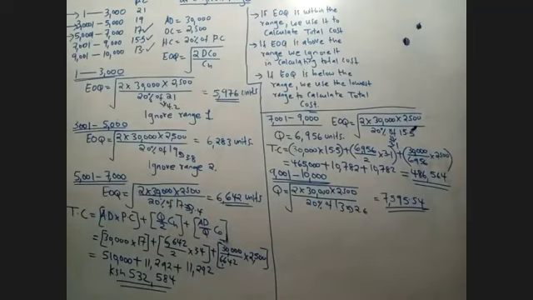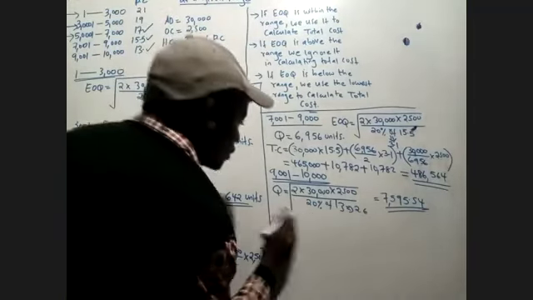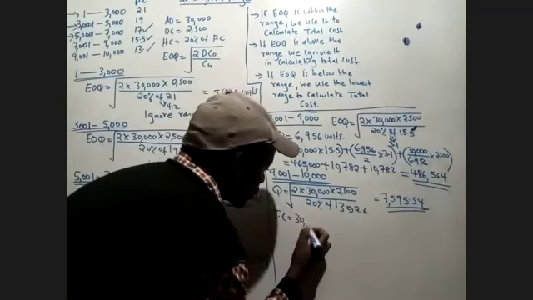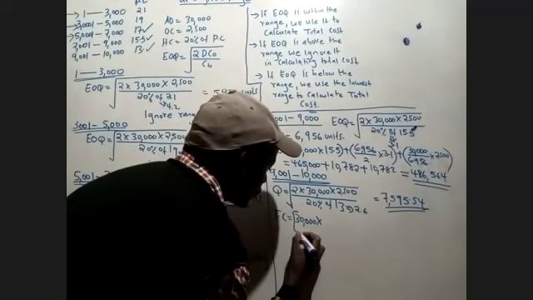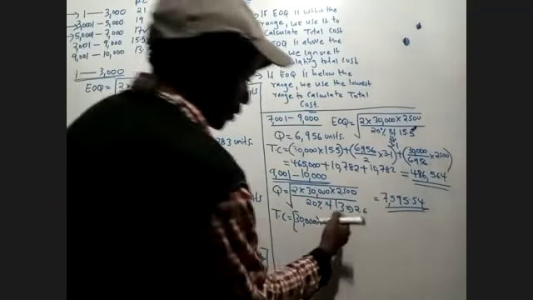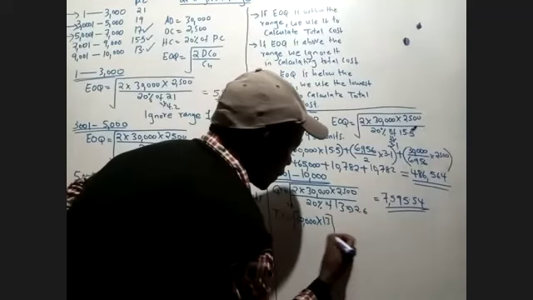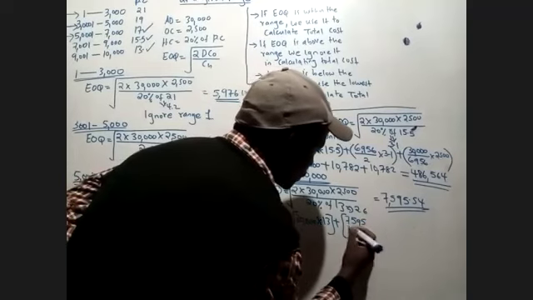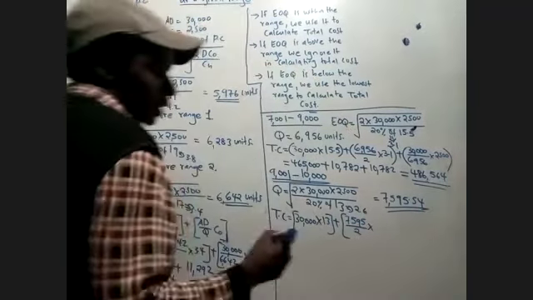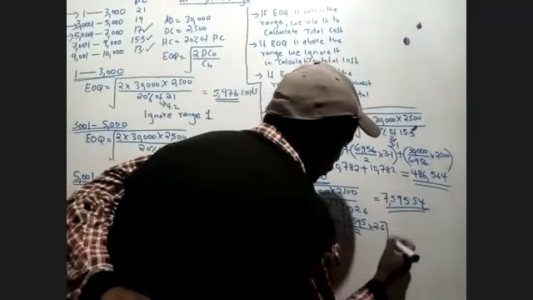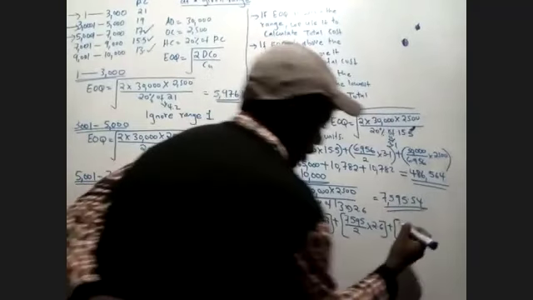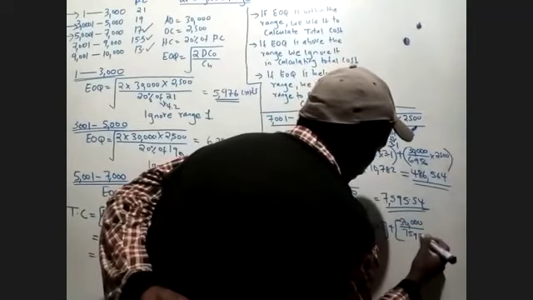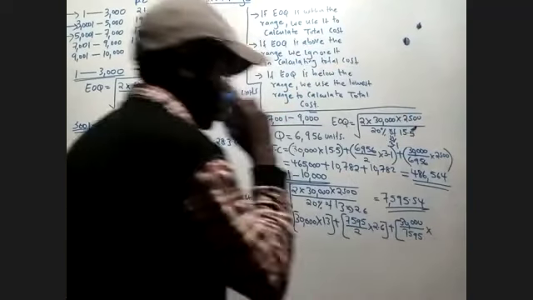Let us find the total cost. Our total cost will be equal to 30,000 times our price, 13 bob, plus Q, 75.95 over 2 times 2.6, plus 30,000 over 75.95 times CO, 2,500.